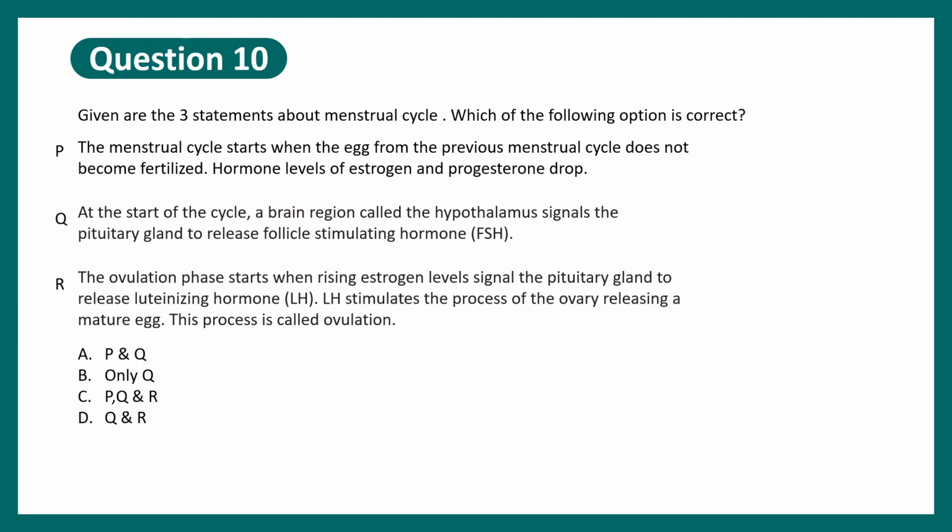And the last statement: the ovulation phase starts when rising estrogen level signals the pituitary gland to release LH. LH stimulates the ovary to release the mature egg, and this process is called ovulation. You have to guess which are correct and which are incorrect. If you have read correctly, all these statements are actually correct.